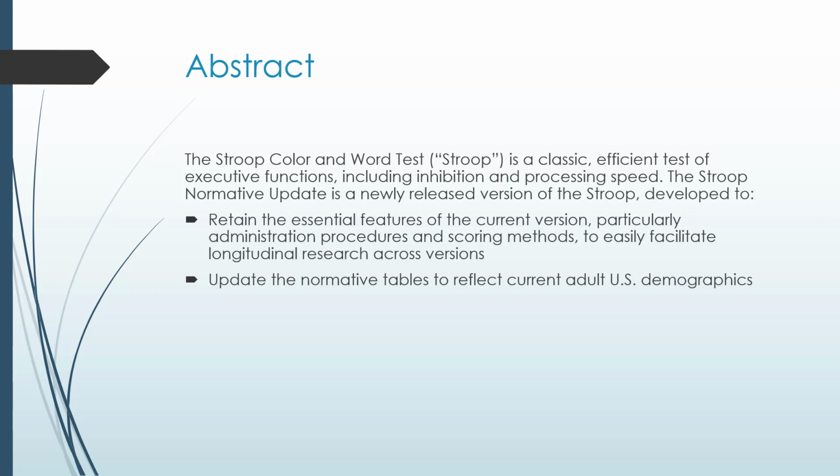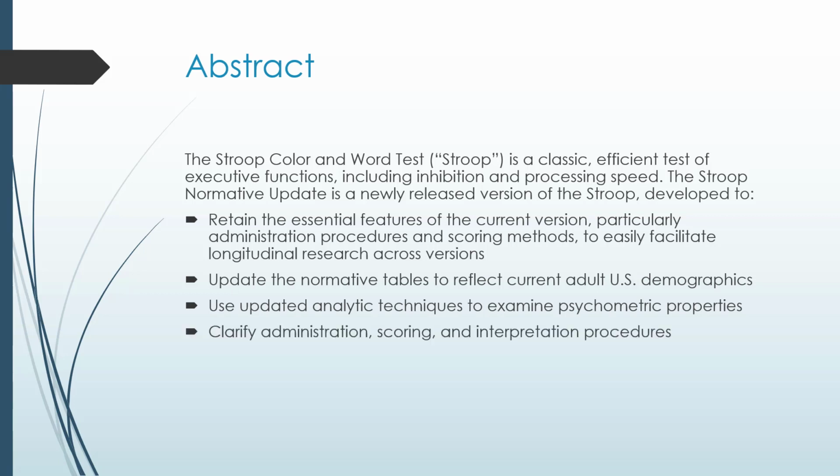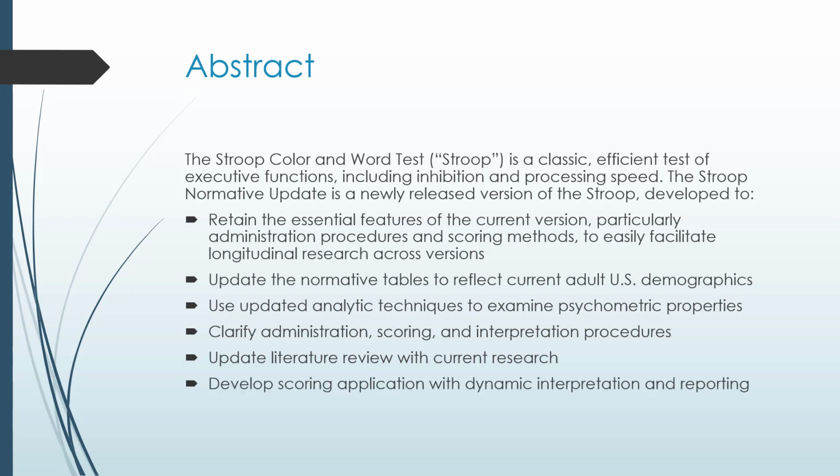We'd like to update the normative tables to reflect current adult U.S. demographics and use some updated analytic techniques to examine the psychometric properties of the test. There's a need to clarify some administration, scoring, and interpretation procedures, and update the literature review with current research, and also to develop a scoring application that utilizes features like dynamic interpretation and reporting.